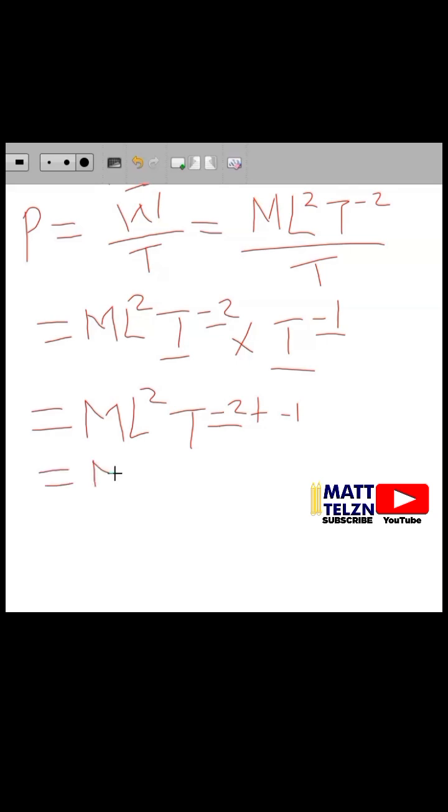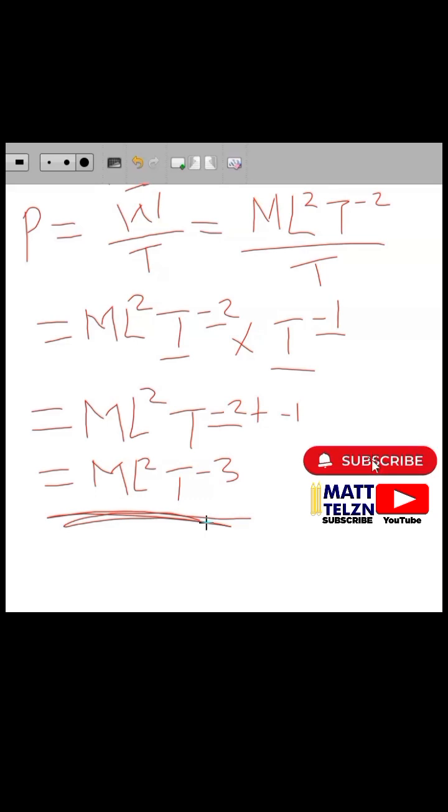So what I'm going to have is M L square T to the minus 3. This is the dimension for power, and it is called mass length square per time cube. That is the dimension for power.